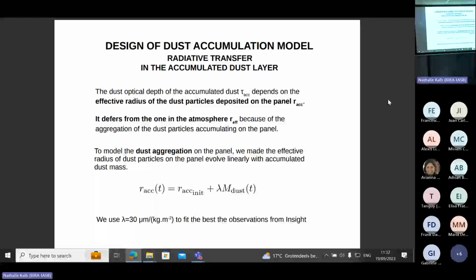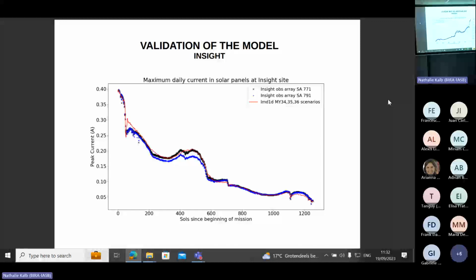Yeah, this is the simplest model we could do. So we saw that if we use a constant effective radius for dust particles in the dust layer, you have a discrepancy that appears during the mission.